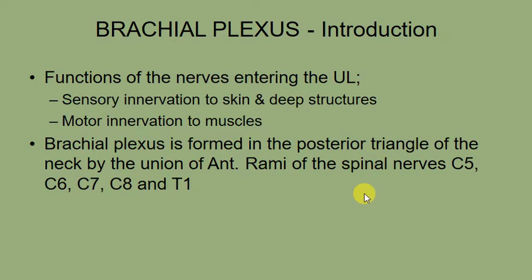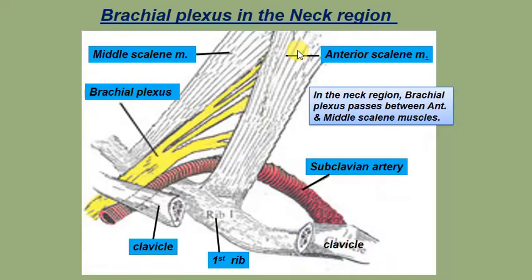Because there is interconnection of nerves, that's why we call it the plexus. Brachial is because of the region where it occurs, because in this region we have the brachial artery. So the word brachial is just because of the anatomical region, and plexus is the interconnection of nerves.